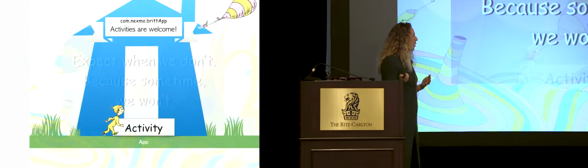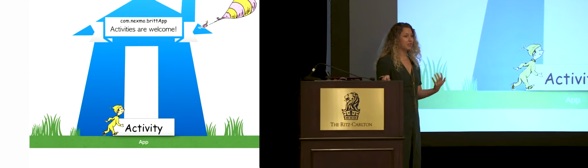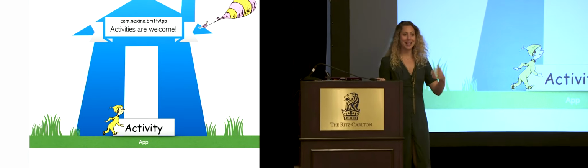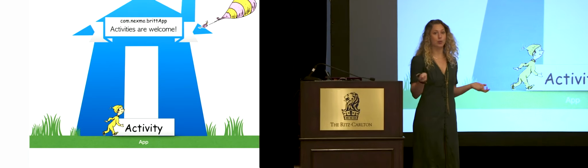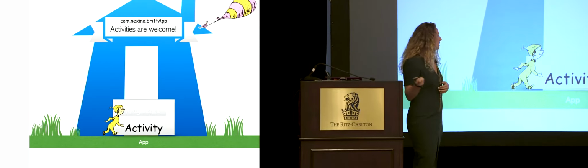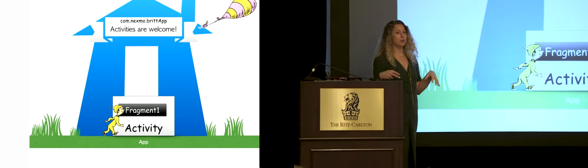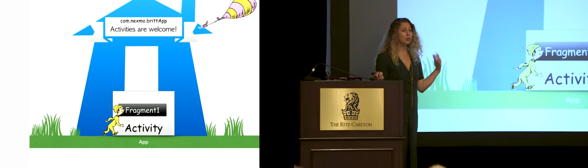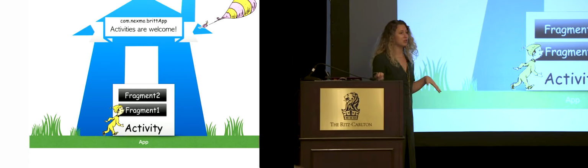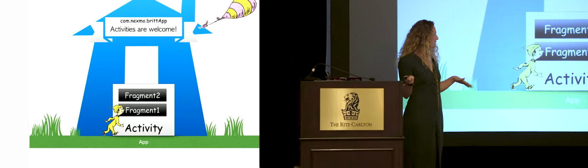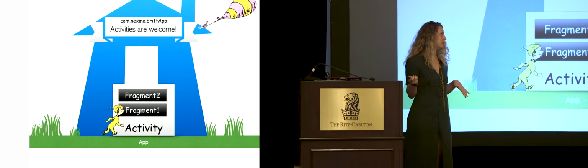When we talk about fragments, each fragment has the activity that it is attached to, right? So the activity on the stack actually holds the fragment as well. And when we launch another fragment, it would be added to the stack with the activity on top of the previous fragment.